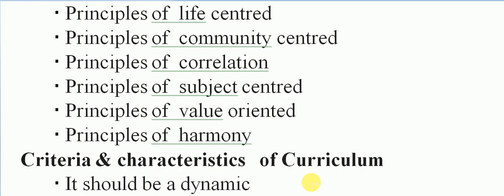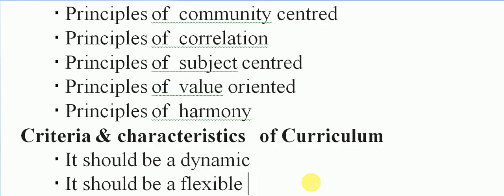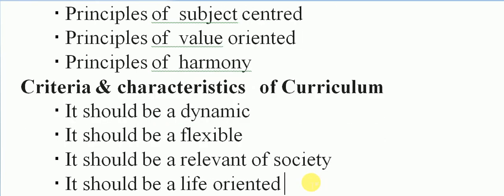Criteria and characteristics of curriculum. There are some criteria and characteristics of curriculum as under. It should be dynamic. We just discussed that the curriculum is flexible, the curriculum is dynamic. It should change from time to time. It should be relevant to society, according to societal problems and community health need.